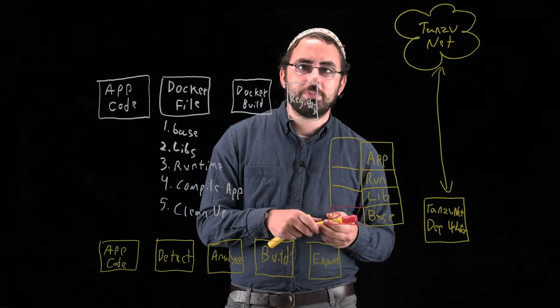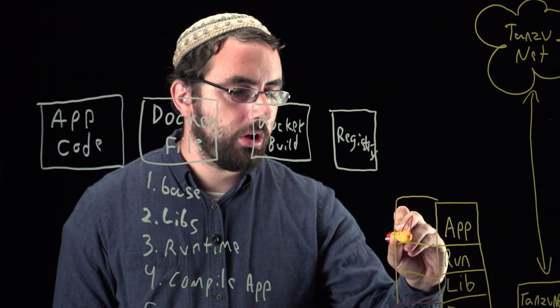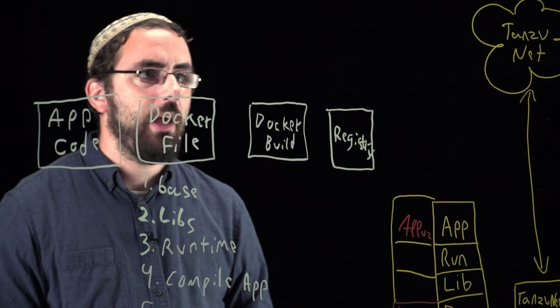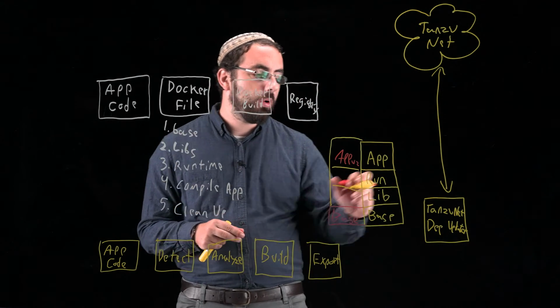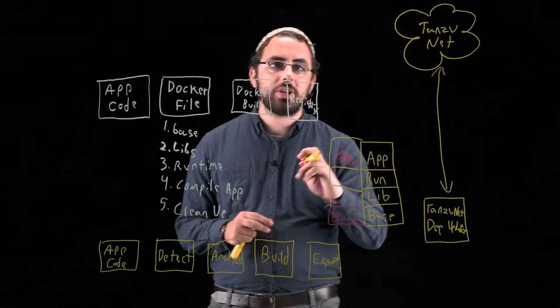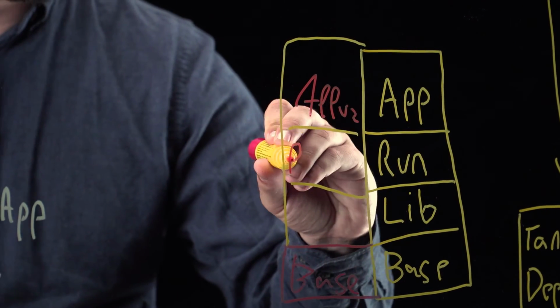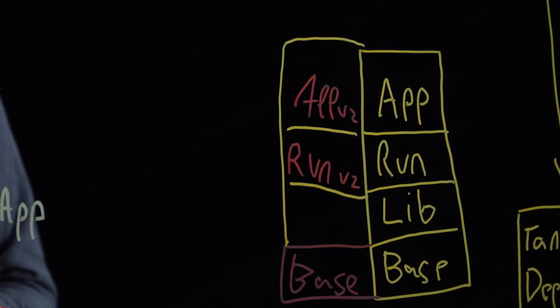They will just be mounted with a new layer on top of it of app v2. And if an update came from Tanzu Network dependency updater saying that there's a new version of my runtime with a patch, all it's going to do is have run v2, and everything else can stay the same.